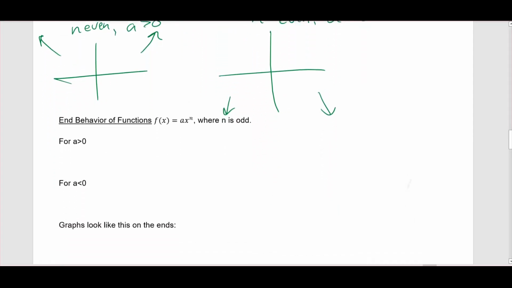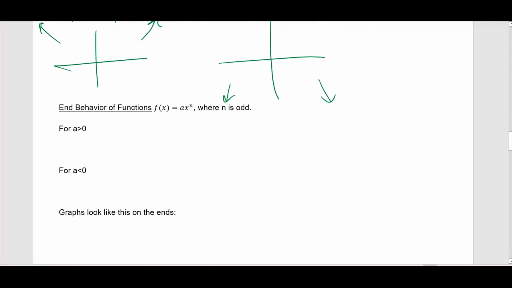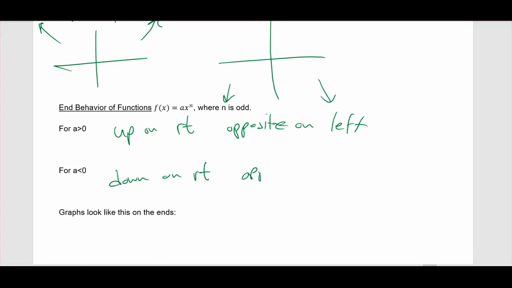When n is odd, well, it's going to do what we said it would do earlier, right? So for a bigger than 0, we're going to go up on the right, opposite on the left. For a less than 0, it's going to go down on the right, opposite on the left.